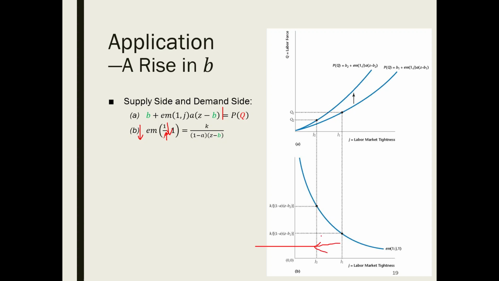At the same time, when B rises, the left-hand side of the first equation rises. So at any given level of J on the left-hand side, Q has to rise to balance it out on the right-hand side of the equation. This means that the demand side curve shifts up. At the new equilibrium level of J, the new equilibrium Q drops from Q1 to Q2.